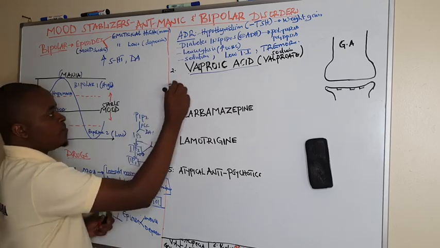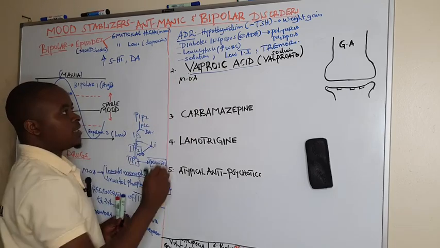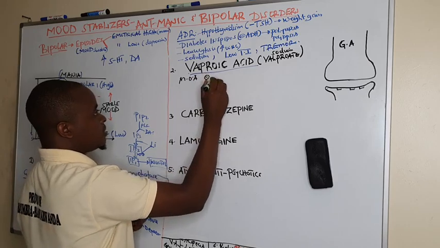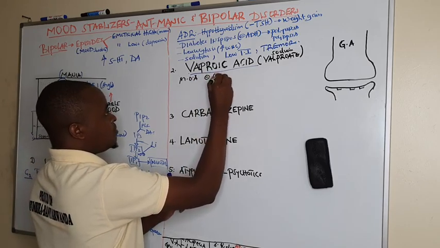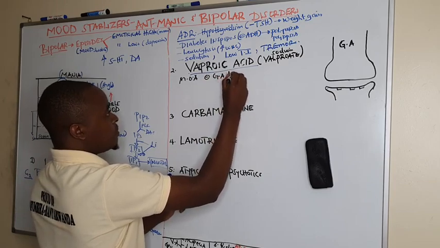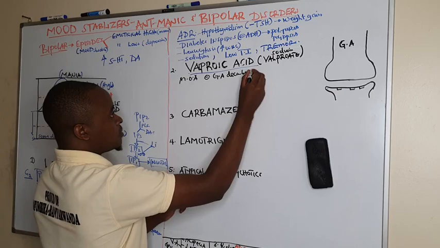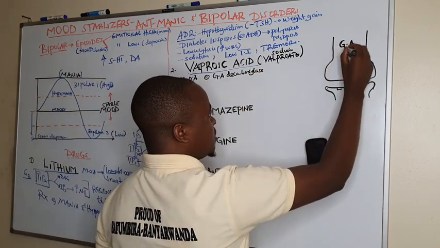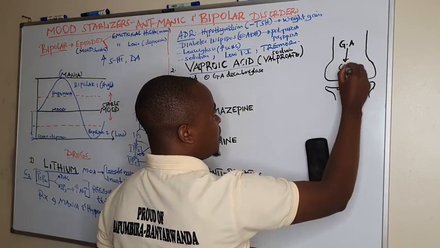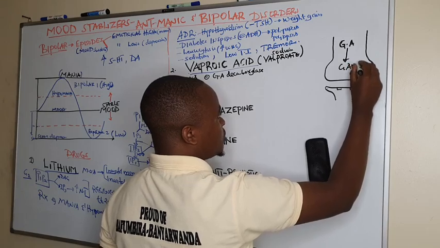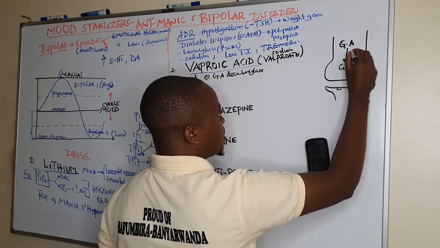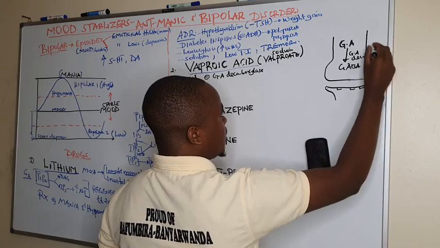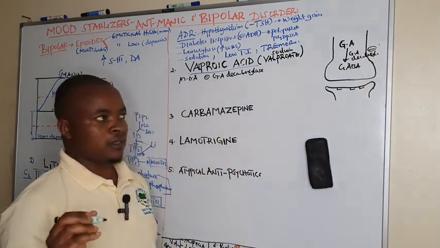And its mechanism of action: this valproic acid acts by inhibiting glutamic acid decarboxylase. If we have glutamic acid, it is converted to GABA, that is gamma aminobutyric acid, by glutamic acid decarboxylase, and this is the one that is inhibited by valproic acid.